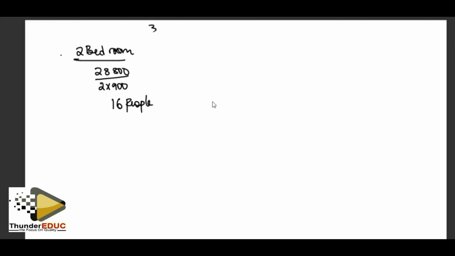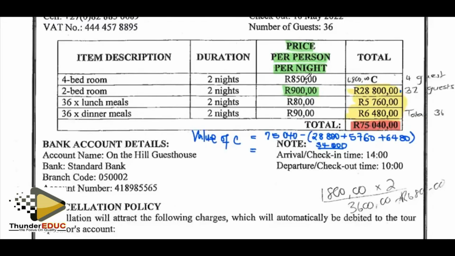Remember, there were 36. So if in 2 bedroom we have 16, what about in the 4 bedroom? So we shall say it's also, remember we said it's that much divided by how much is a 4 bedroom? Per night, it's 850. But people are going to spend 2 nights there.